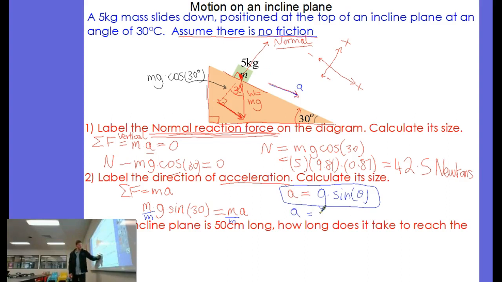So the acceleration is 9.81 multiplied by sine of 30 degrees. If you did that on the calculator, you'll get 4.9 meters per second squared. Everybody understand?